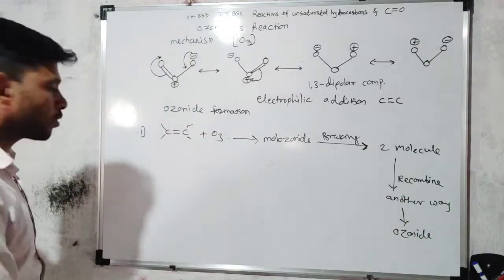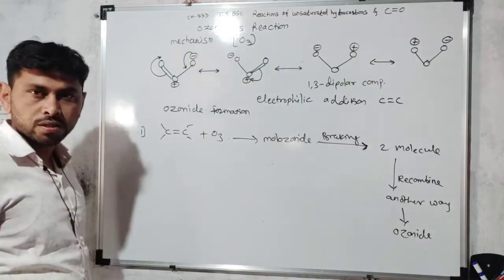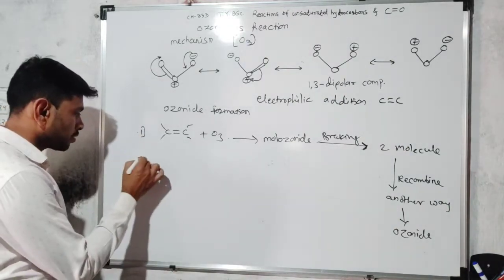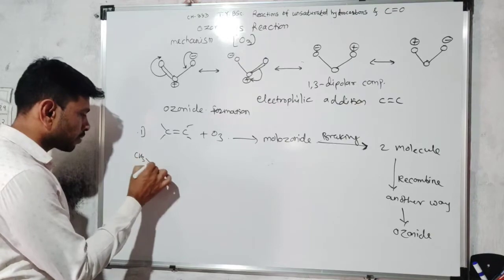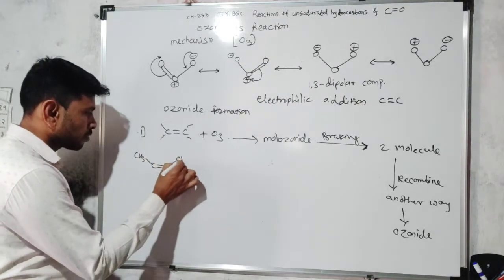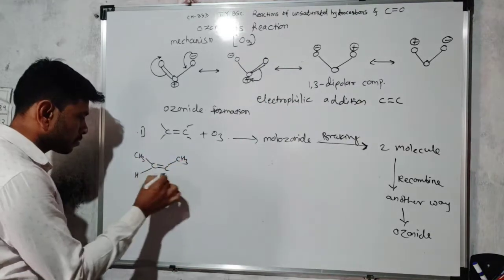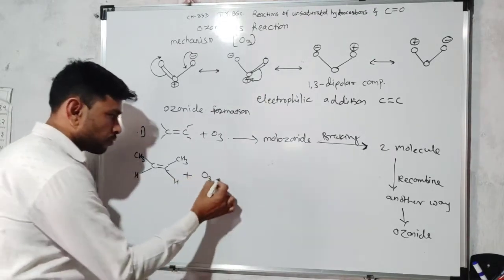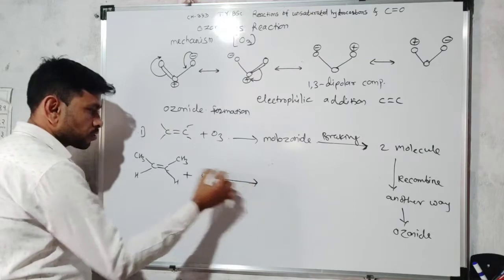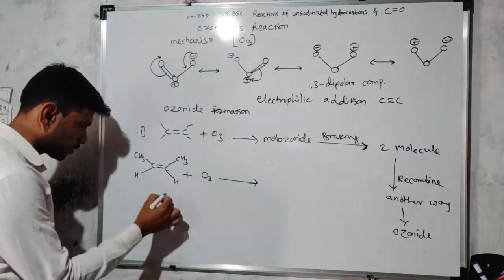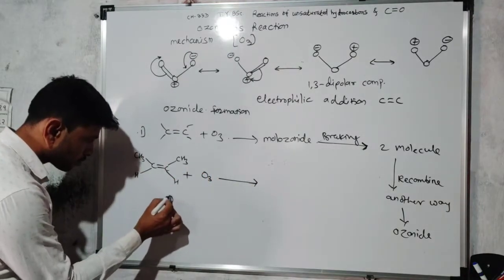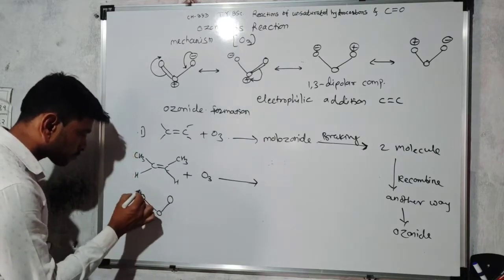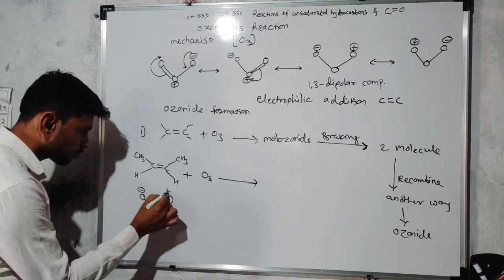Let's see the actual reaction, how molozonide formation takes place. See here, we have taken an example: addition of ozone. Now we know that the 1,3 dipolar structure of ozone is possible, so take the 1,3 dipolar structure, O, oxygen negatively charged and positively charged.